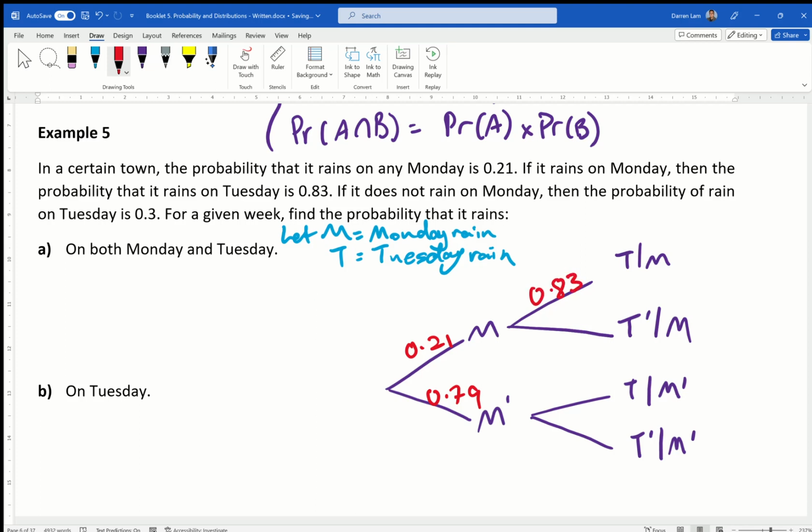If it does not rain on Monday, then the probability of rain on Tuesday is 0.3. This one will be 0.3. Again, I'll fill in my values. Of course, it needs to add up to 1, so that will be 0.17, and this one will be 0.7 as well.